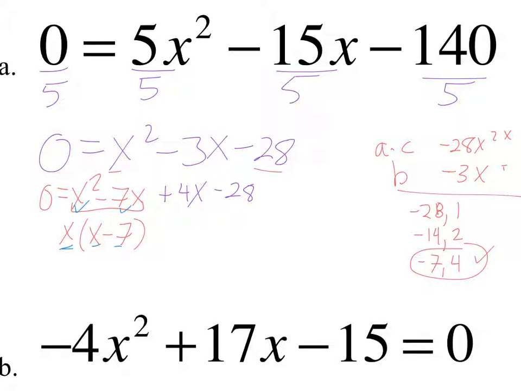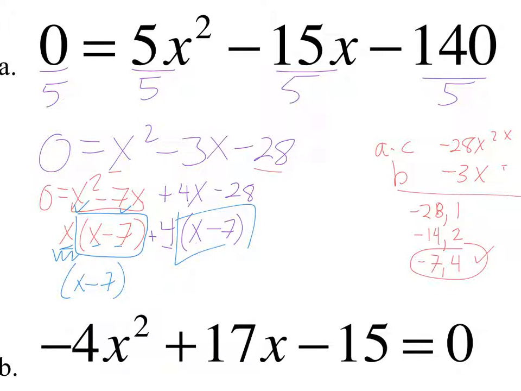Okay, 4x and 28 have a 4 in common, and I'm left with x, and 28 divided by 4 is going to be 7. So x minus 7. And just to double check, 4 times x is 4x. 4 times minus 7 is minus 28. Nice. Now I've got x minus 7 in common. x minus 7, and my leftover pieces are x plus 4.